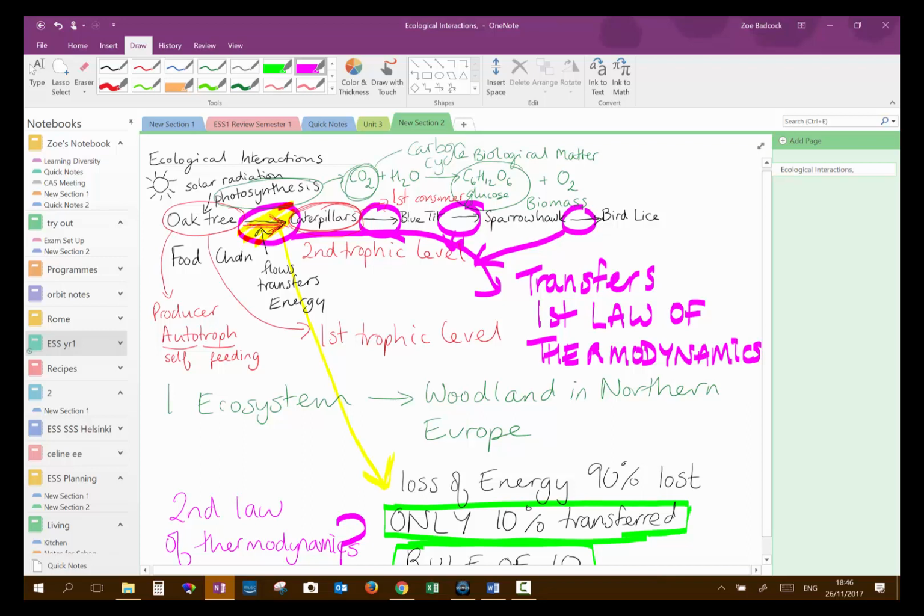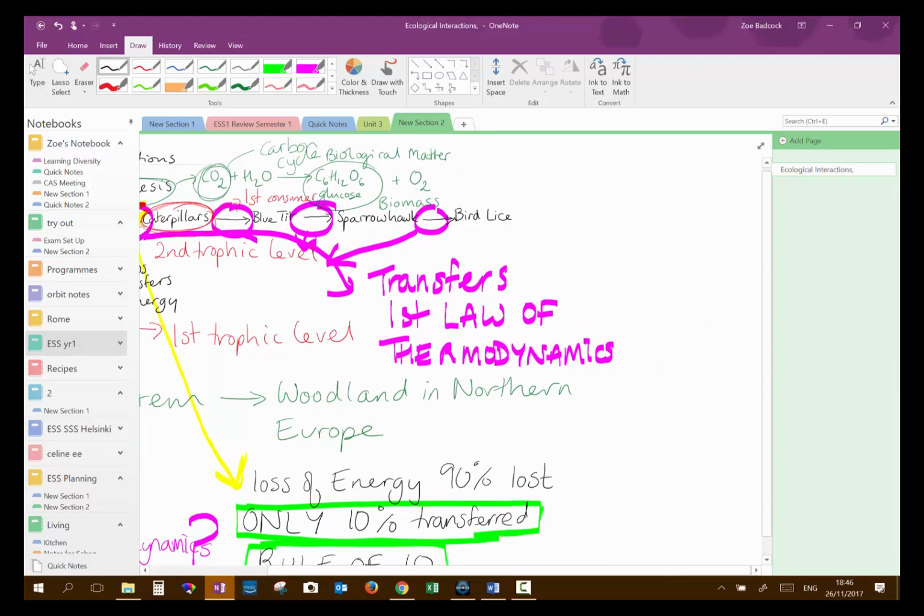And we need to remember that the first law of thermodynamics is all about the fact that energy cannot be created, it can only be transferred in energy conversions, we can call them.